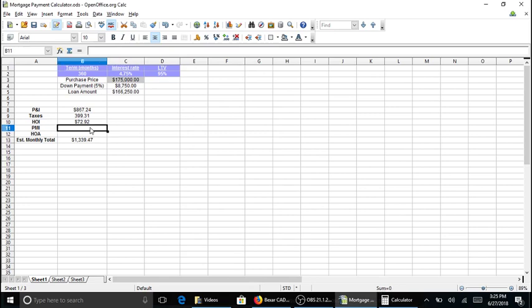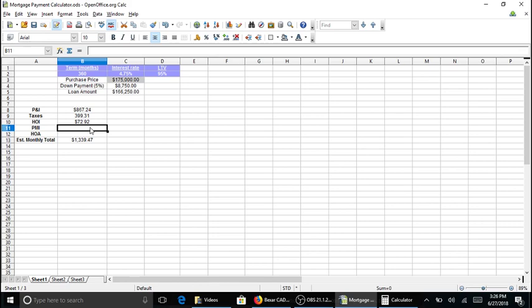And then we have to figure out what private mortgage insurance is going to be. Simply put, if you as the buyer are not putting a down payment of 20% off of your purchase price, the lender is going to require you to pay what is called private mortgage insurance. It's insurance that protects the lender in case of a borrower defaulting on the loan and not paying it, right?